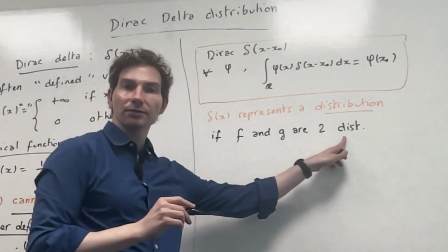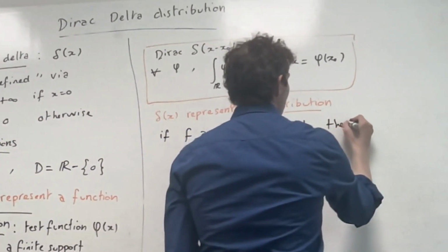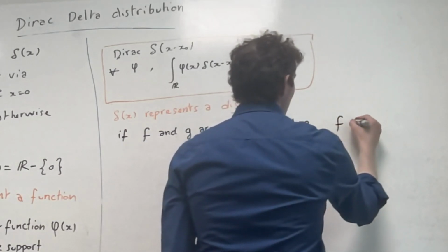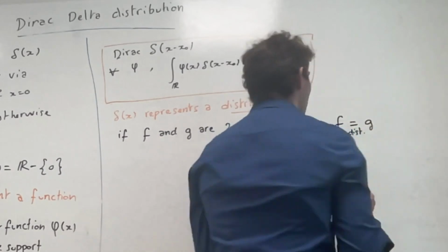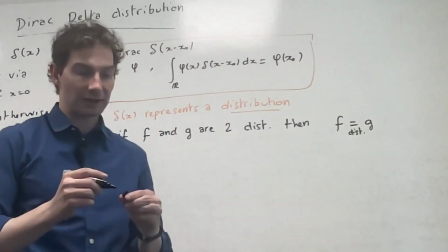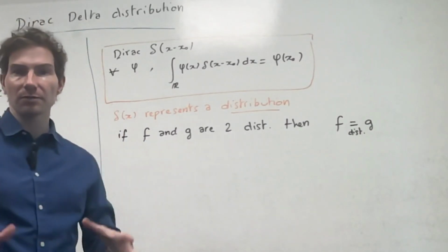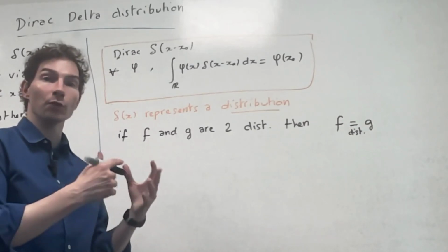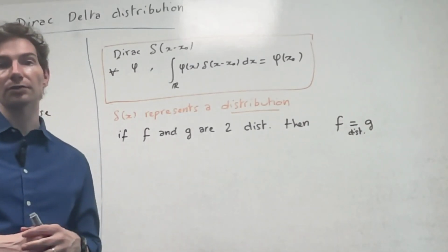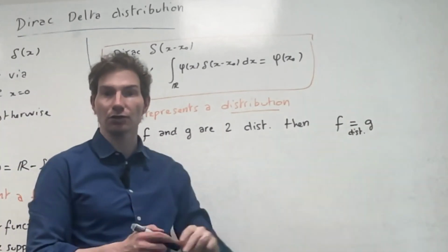then f is equal to g, but again, in the sense of distribution. Sometimes people call that a weak equality. And sometimes all of these things happen in the context of differential equations, where people talk about weak solutions to differential equations. Here I'm going to call that an equality in the sense of distributions.